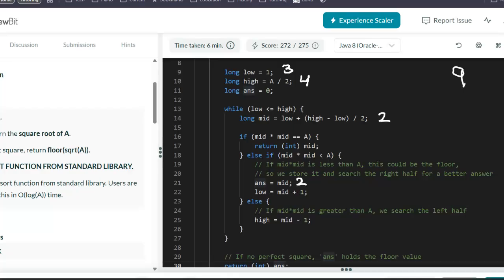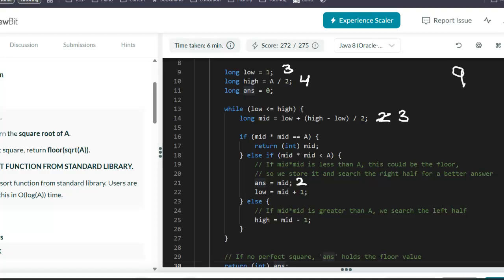Okay. Still in the while loop, low is less than or equal to high. Mid is low, which is 3, plus high minus low, 4 minus 3, 1 divided by 2 is 0. So 3 plus 0. Mid is now 3. Does mid times mid equal A?